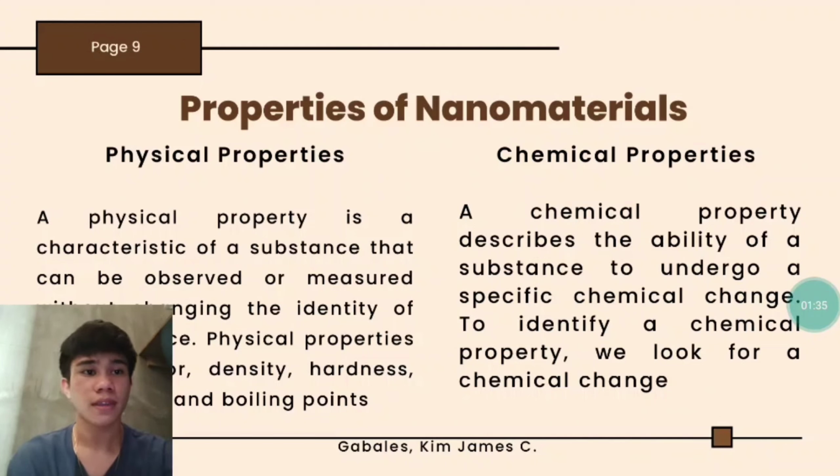Here, in the chemical properties, we look for a chemical change. Examples of these are the boiling points, the melting points, the flammability, the toxicity, and any other chemical property. So, those are the properties of nanomaterials.